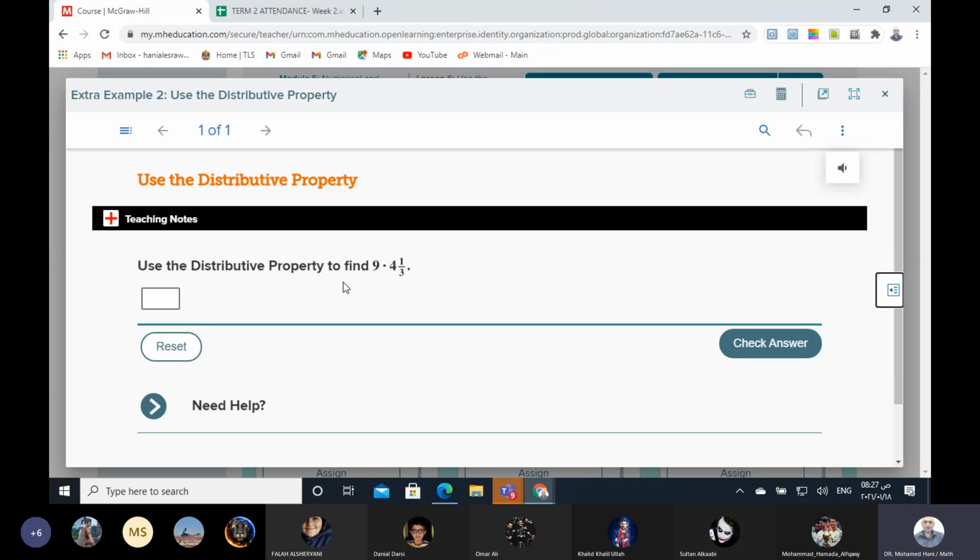Now I want from all to try to find this problem. Use the distributive property to find 9 times 4 and 1 over 3. Start, please.